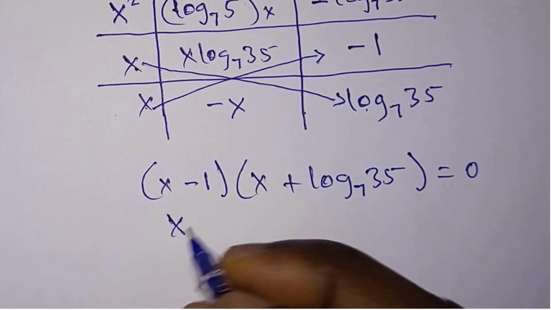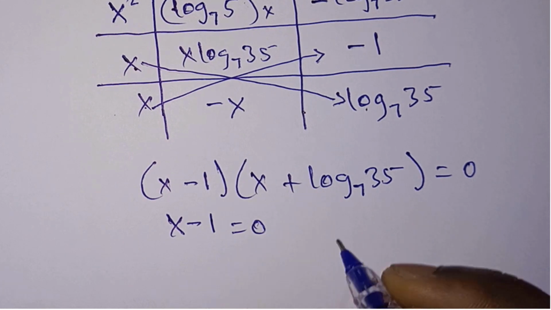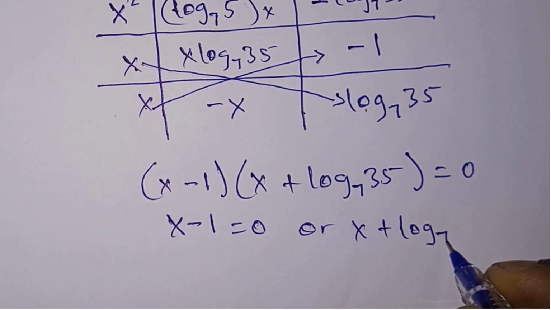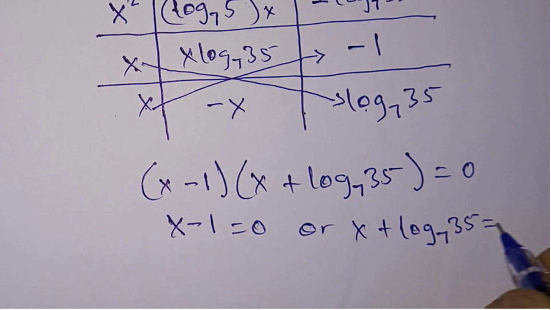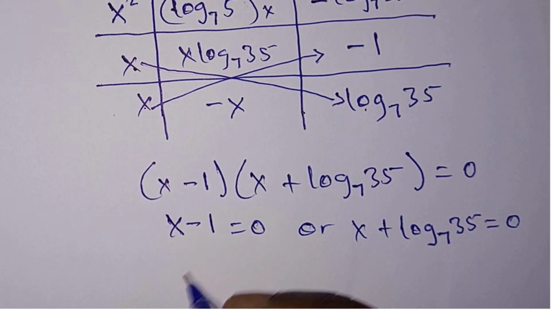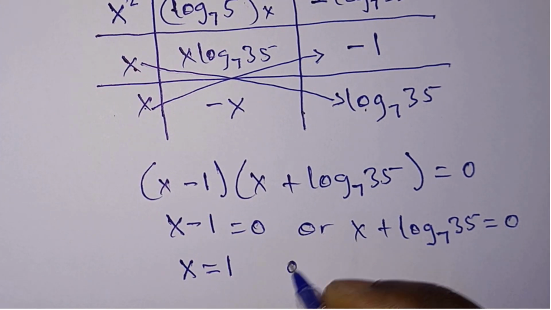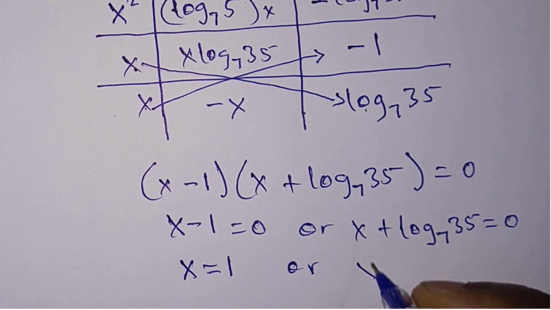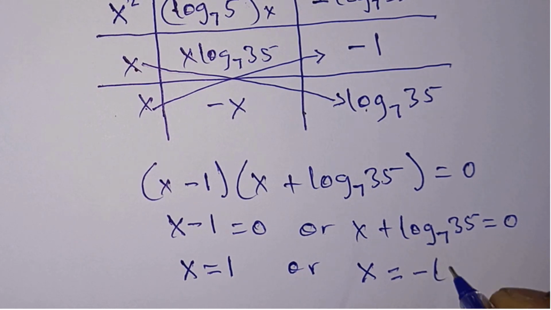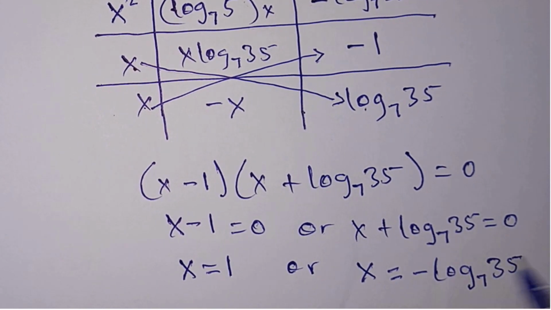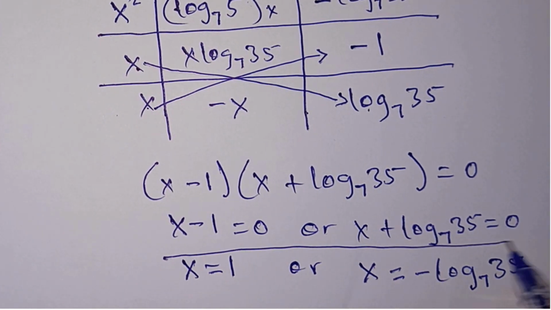So from here we can have x minus 1 is equal to 0, or x plus log in base 7 of 35 is equal to 0. If x minus 1 is equal to 0, then x is equal to 1, or on this side we have x is equal to negative log in base 7 of 35. And these are the solutions to the problem.